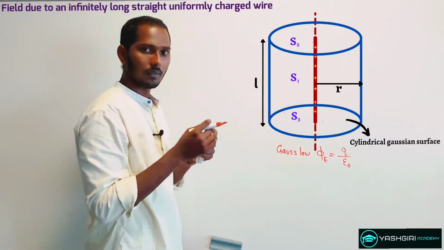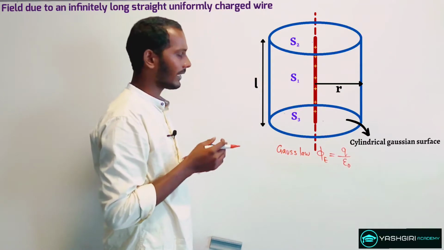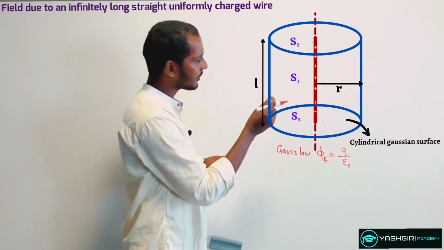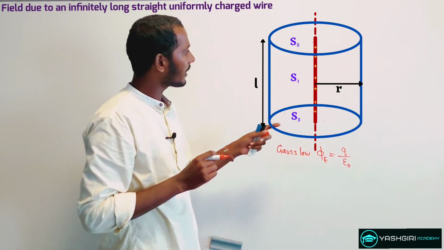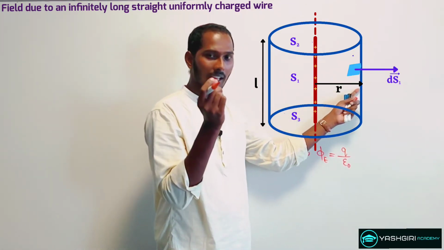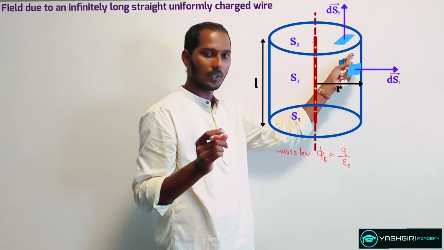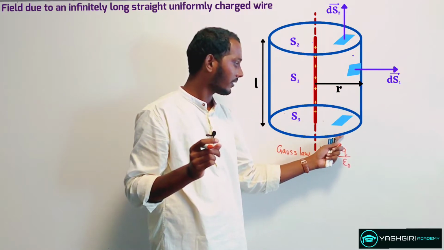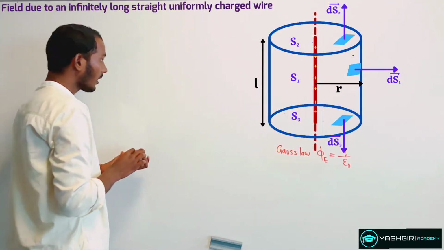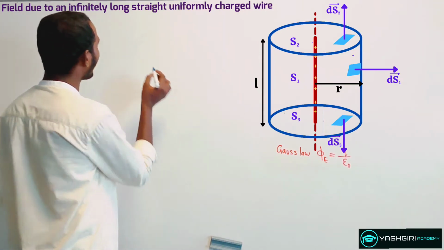So just to test the electric flux, let me take a very small area element of each of the surfaces. Here I'll be considering dS1 as my small area element for the curved surface, dS2 for the top surface, and dS3 for the bottom surface.